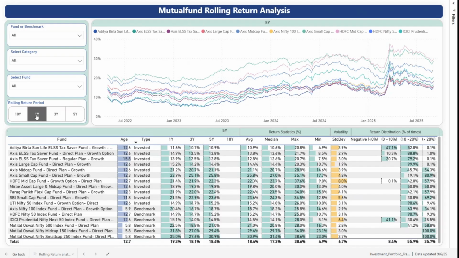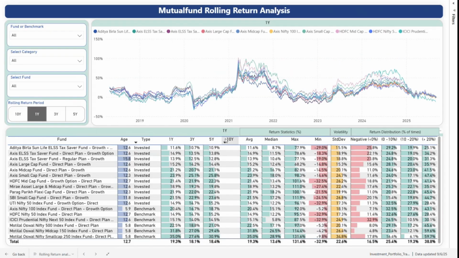Let's say 1 year. For 1 year, in the sense, you started investing in this Aditya Birla, or your portfolio's very first investment started from 2017, correct? So we took the rolling return analysis only from 2017, because anything before that I'm not considering here.